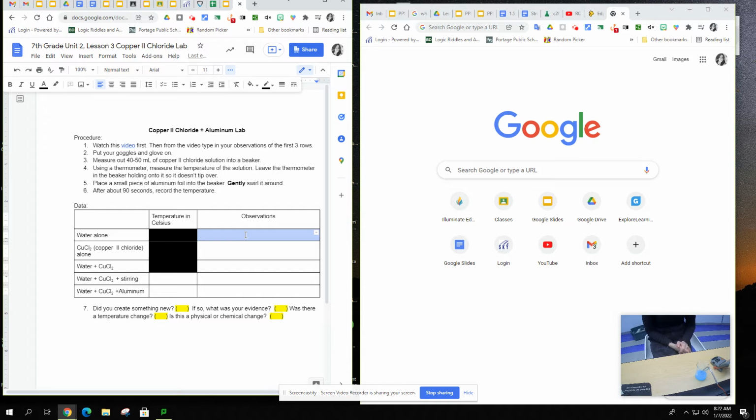I'm just going to let it sit there for a second to make sure I get a good reading. Okay, it is 24 degrees Celsius, which is what the machine here is saying. You're going to type that into your data table, 24 degrees Celsius.